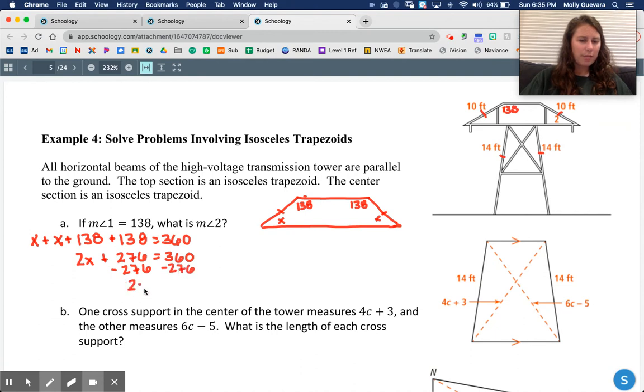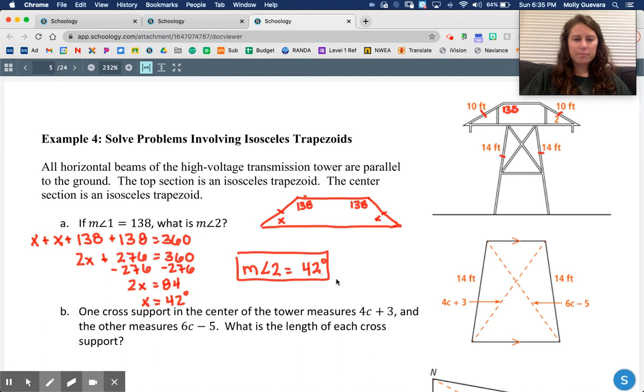That leaves me 2x is equal to 84. Divide by 2, divide by 2. I get x is equal to 42 degrees. So that tells me that the measure of angle 2 is equal to 42 degrees. Just like that.